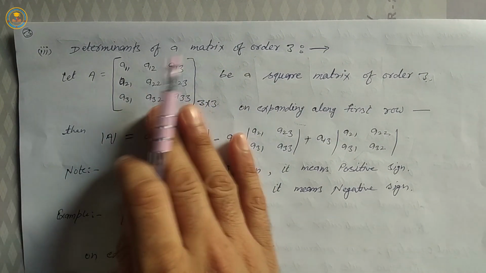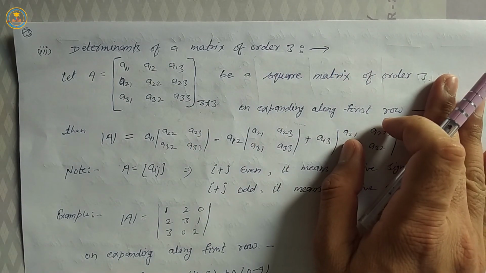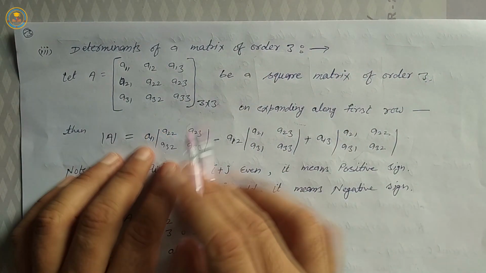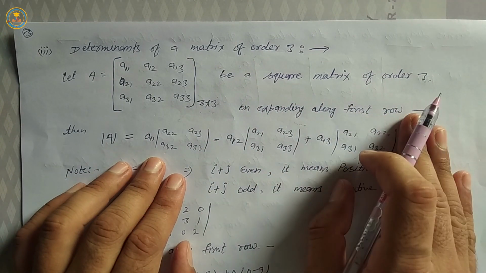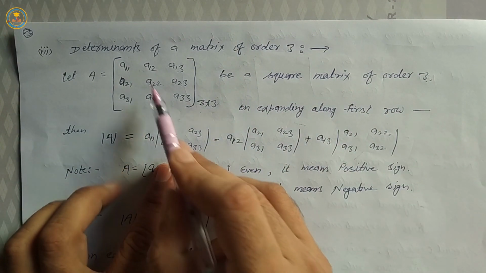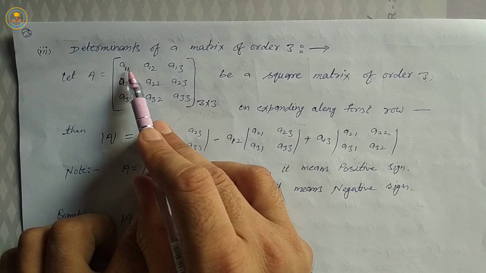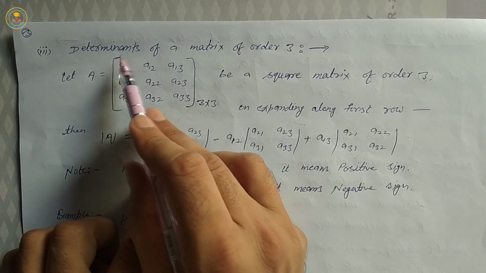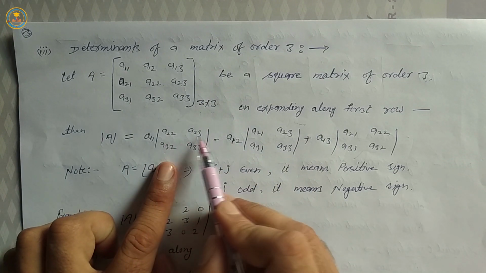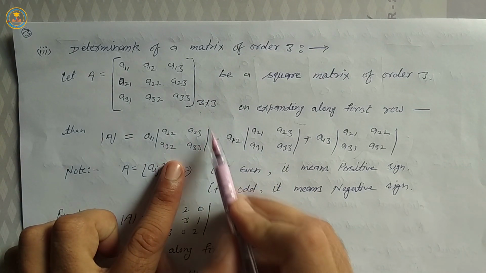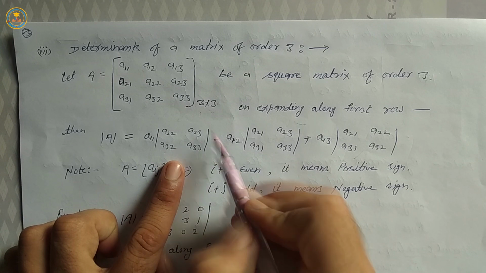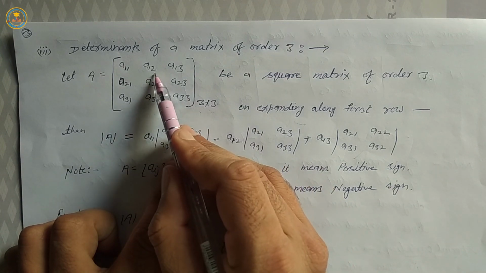Again, let A be a square matrix of order 3. On expanding along first row, A11, leaving the corresponding row and column of element A11, A22, A23, A32, A33, minus A12. Minus, it means 1 plus 2, 3, odd number.